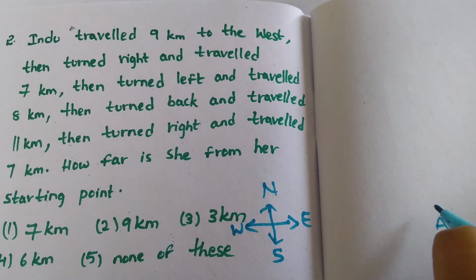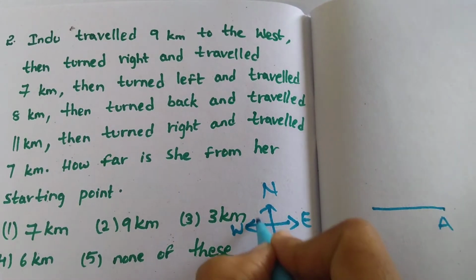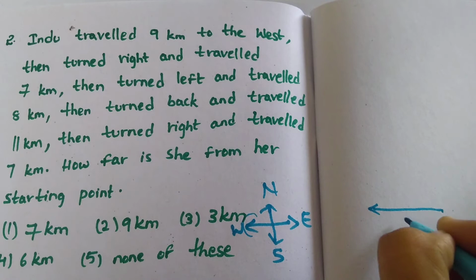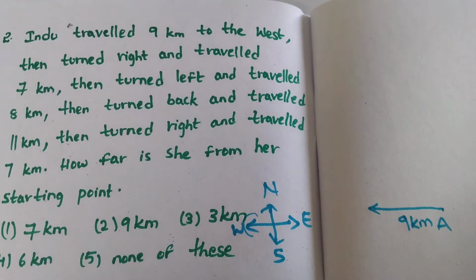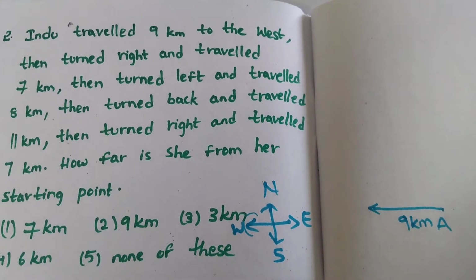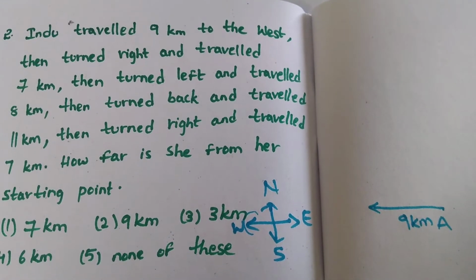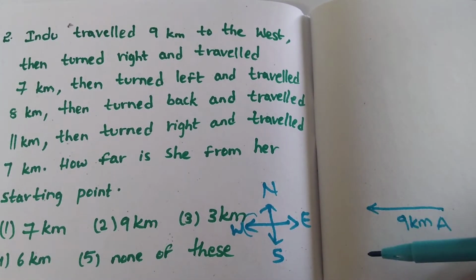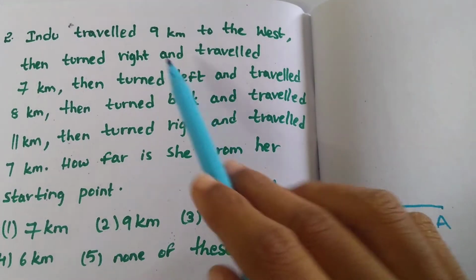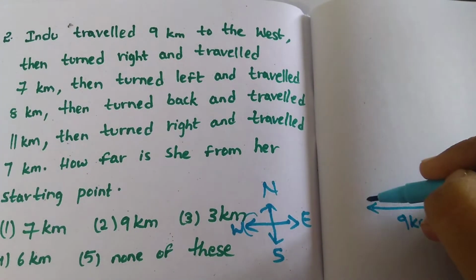She traveled 9 kilometers to the west direction. And she turned right and traveled 7 kilometers. This is the right direction and this is the left direction.